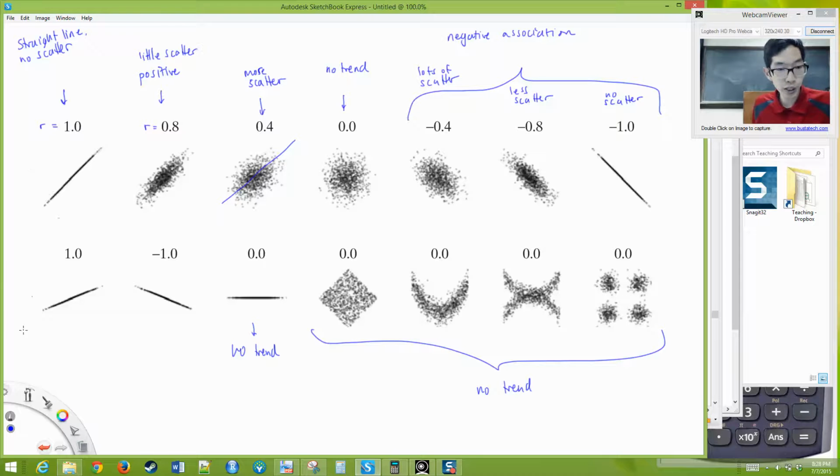Okay, and so this one and this one have R equal to 1.0, right? So the steepness or the slope of the line doesn't matter. Here we have a positive trend in that larger x goes with larger y, smaller x goes with smaller y, and there's no scatter, okay? So the steepness does not matter.